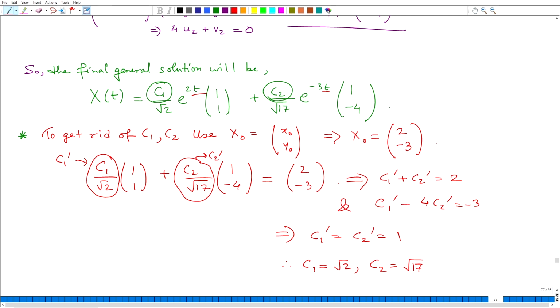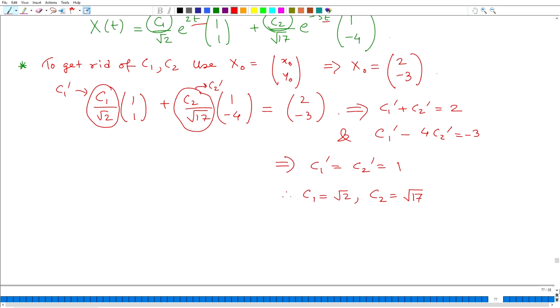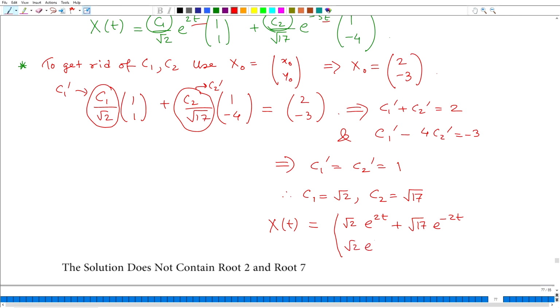With that you can now write the final solution for this dynamics, which is given by x(t) is equal to root 2 e to the power 2t plus root 17 e to the power minus 2t, and then root 2 e to the power 2t minus 4 root 17 e to the power minus 3t.